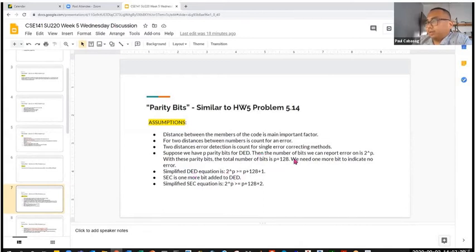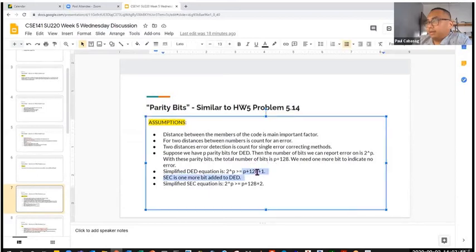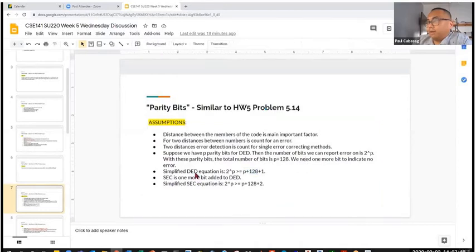To explain this equation first: the number of bits that we can report an error is 2 to the P, and the total number of bits here would be P plus 128. And then for DED, you just add 1 to it. There's 1 more bit to indicate that there's no error. So that's what this equation is showing, and this is an equality.